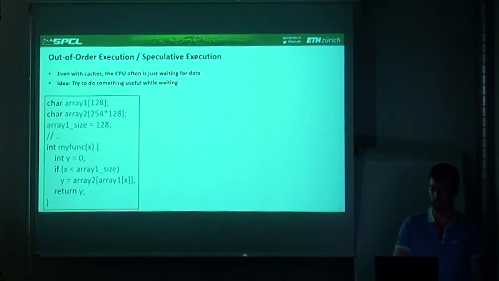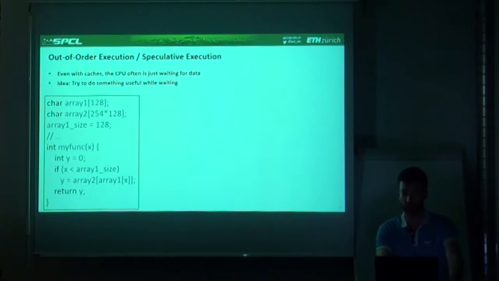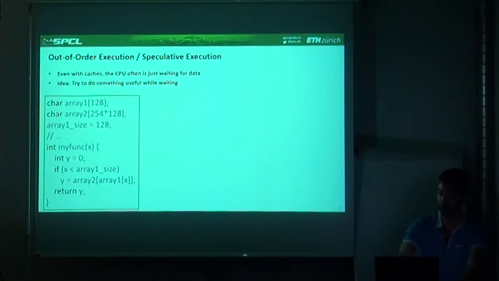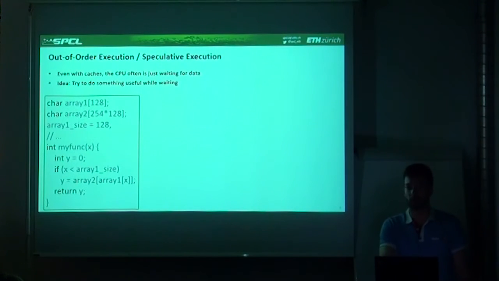The next cool innovative computer architecture feature we talked about briefly was out-of-order execution and speculative execution. What is the idea here? Even with caches, the CPU is often just waiting for data because the data is not in the cache, and even the latency for the L2 cache is already quite high, right?